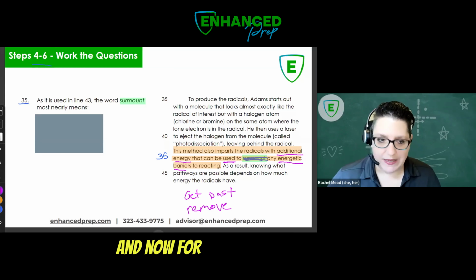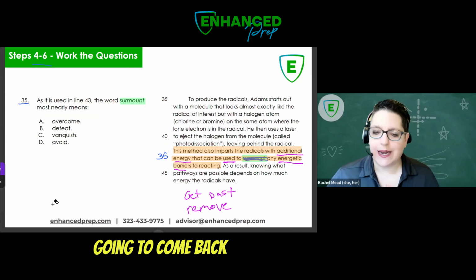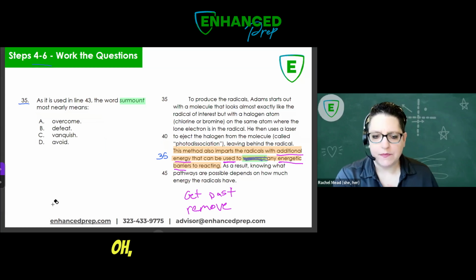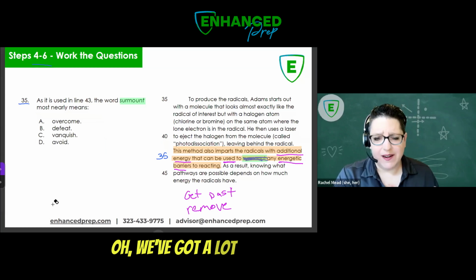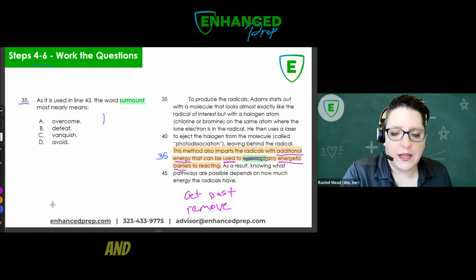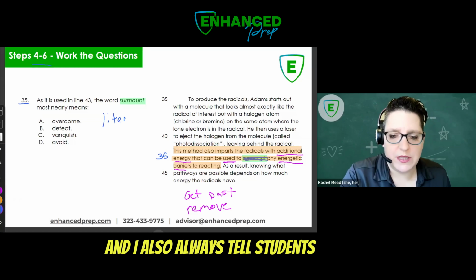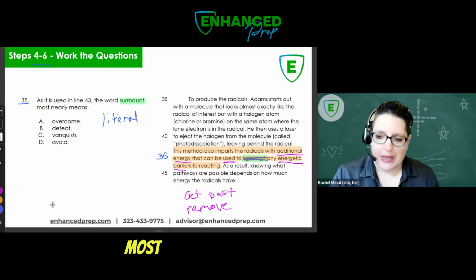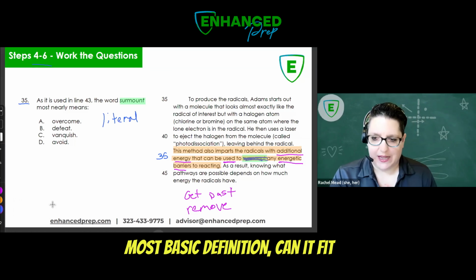And now for my step number 6, I'm going to come back and work my process of elimination with my answer choices. We've got a lot of words that are closely connected here, but we need to make sure we're paying attention to all definitions. I also always tell students that we need to stay literal. If we're thinking about this word in its most basic definition, can it fit in here?